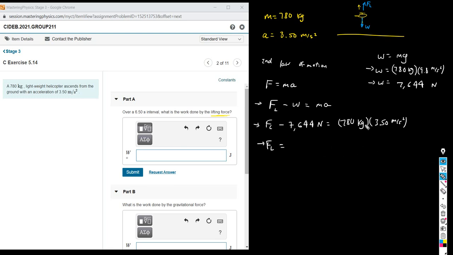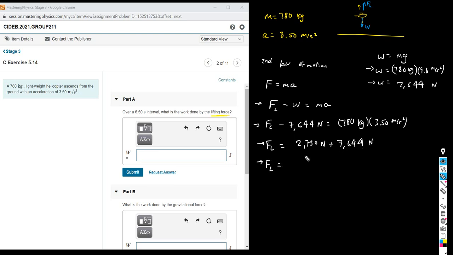Let me calculate this value first. It's going to be 780 times 3.5. I get 2,730 newtons, and then plus this much once I add it to both sides of the equation.